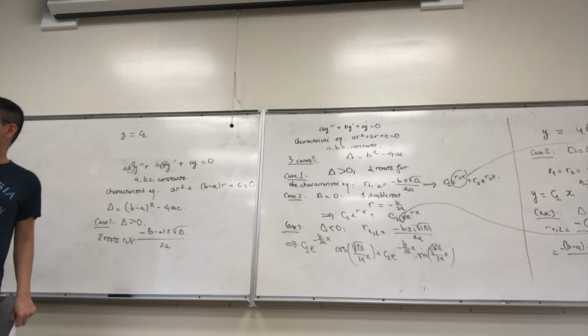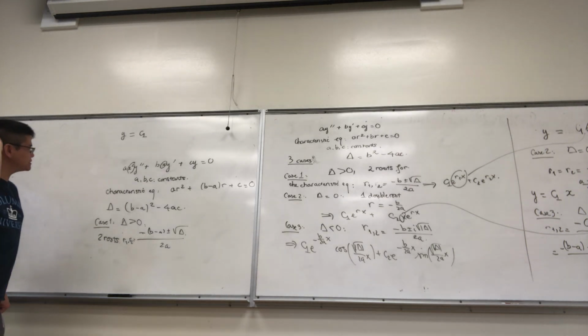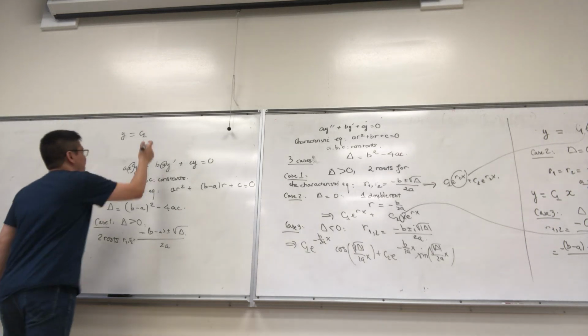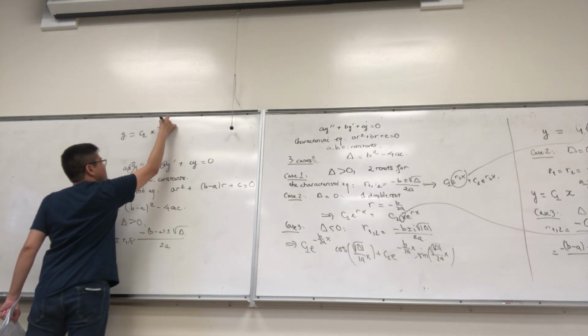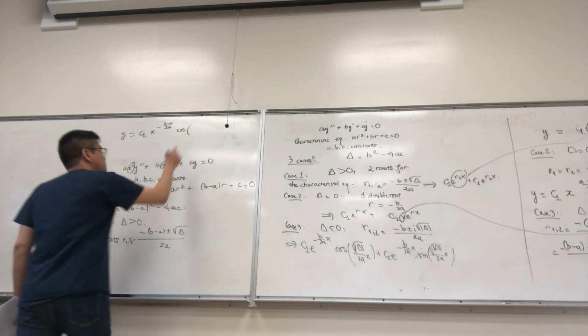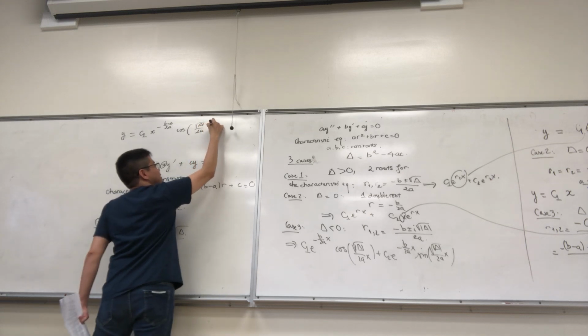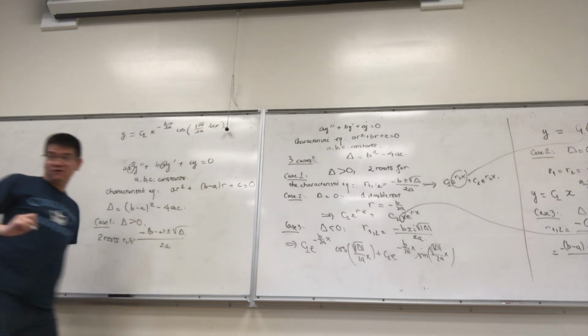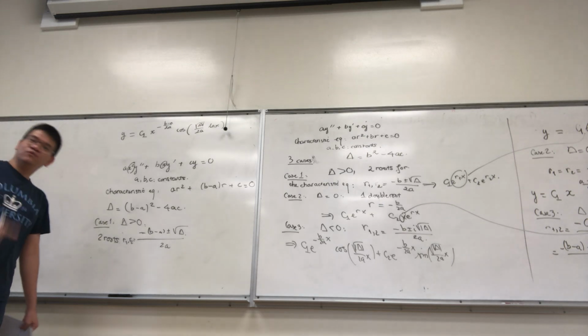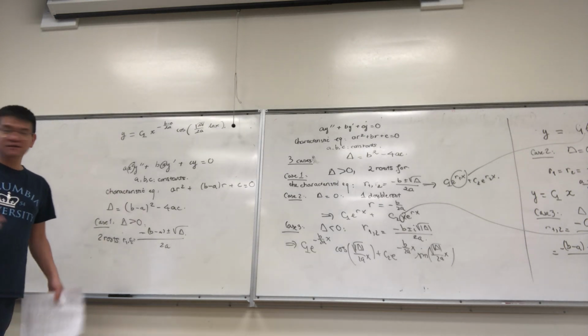Oh, in the cosine and sine, you need a log x. Right. So you're going to have x to the power minus (b minus a) over 2a, and then you have cosine, and then you still have square root of delta over 2a, but instead of x, you replace it by log x. So you replace the exponential by the polynomial, and then the x by the log x.